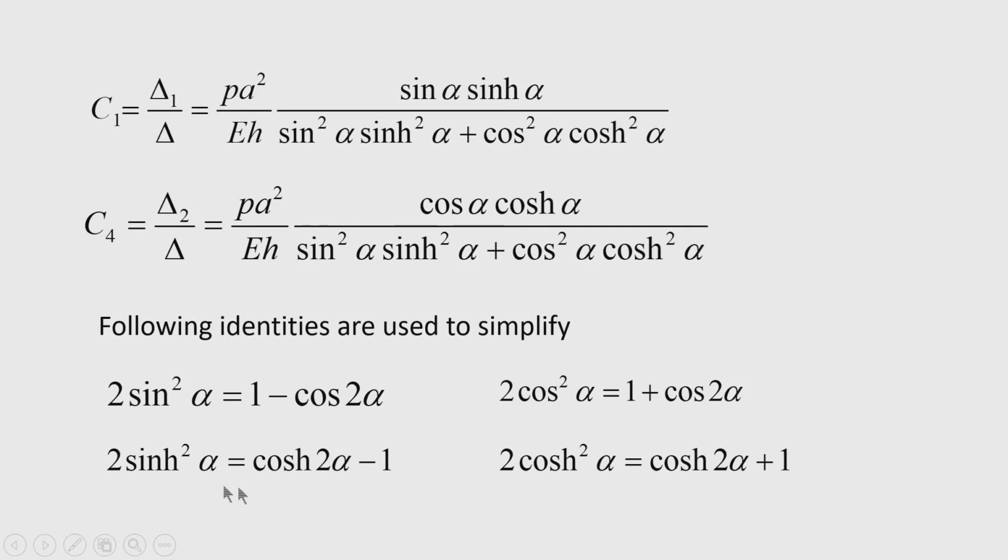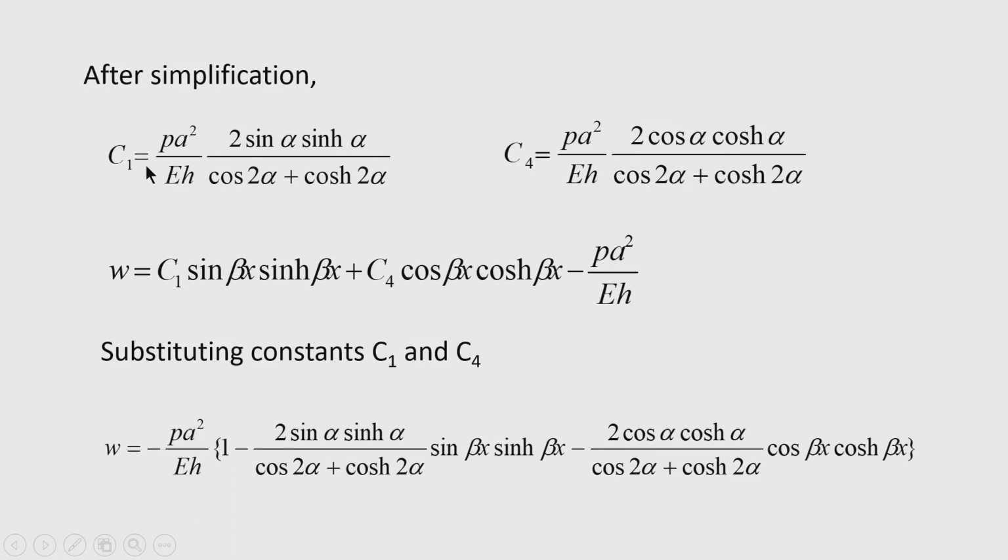So, using these identities, we can now express C 1 and C 4 in simplified form. So, C 1 contains p square by E h, 2 sin alpha sin h alpha divided by cos 2 alpha plus cos hyperbolic 2 alpha. Similarly, C 4 contains p square divided by E h, 2 cos alpha cos hyperbolic alpha divided by cos 2 alpha plus cos hyperbolic 2 alpha.